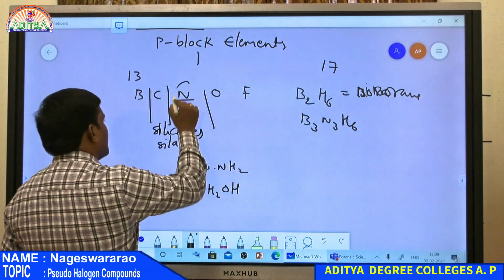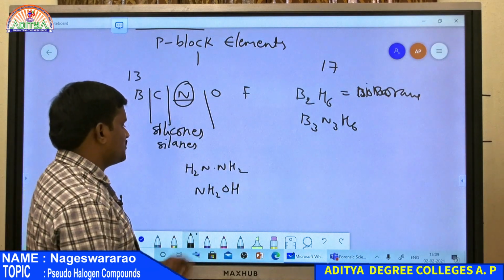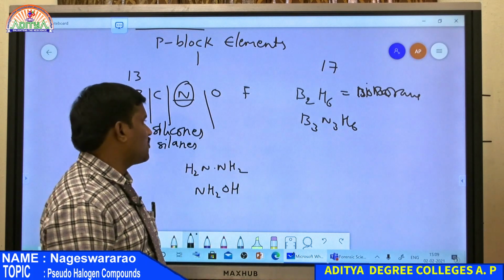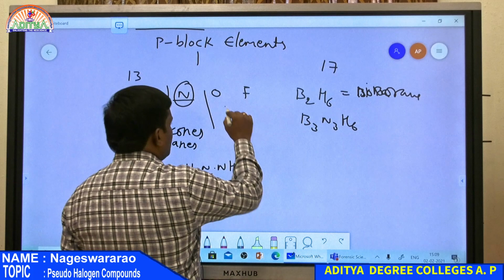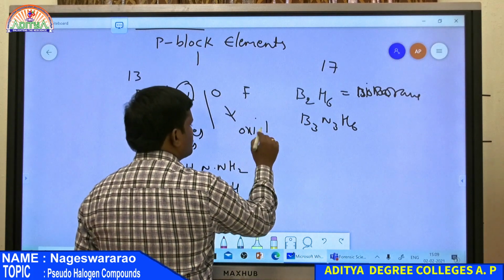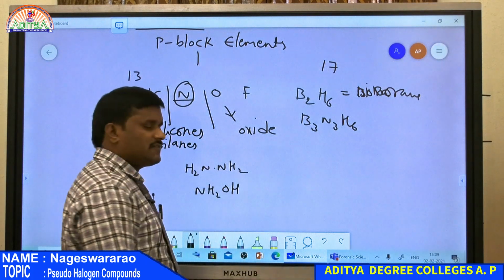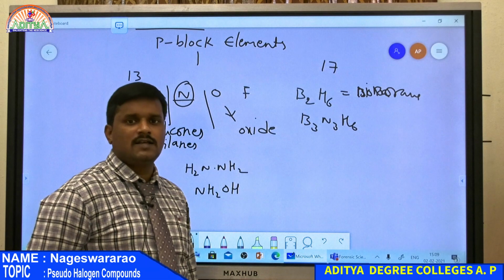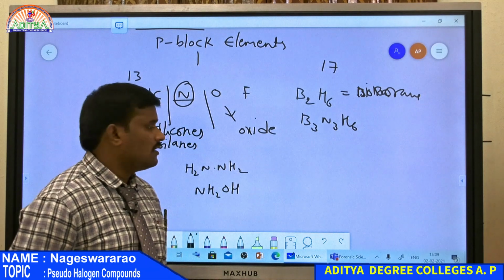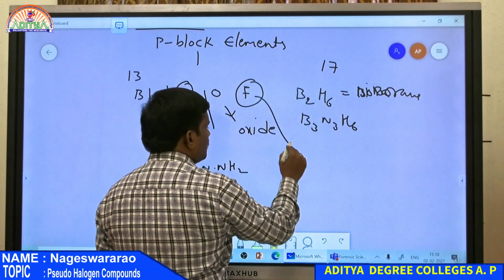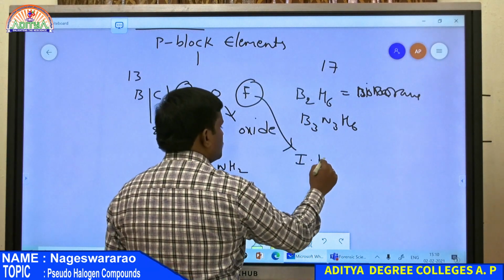Under the nitrogen compounds we discussed two compounds: first hydrazine and second hydroxylamine. In the case of the oxygen family, we discussed oxides, their classification and types based on oxygen content as well as nature of the oxide. And finally, in the halogen family, we discussed interhalogen compounds.